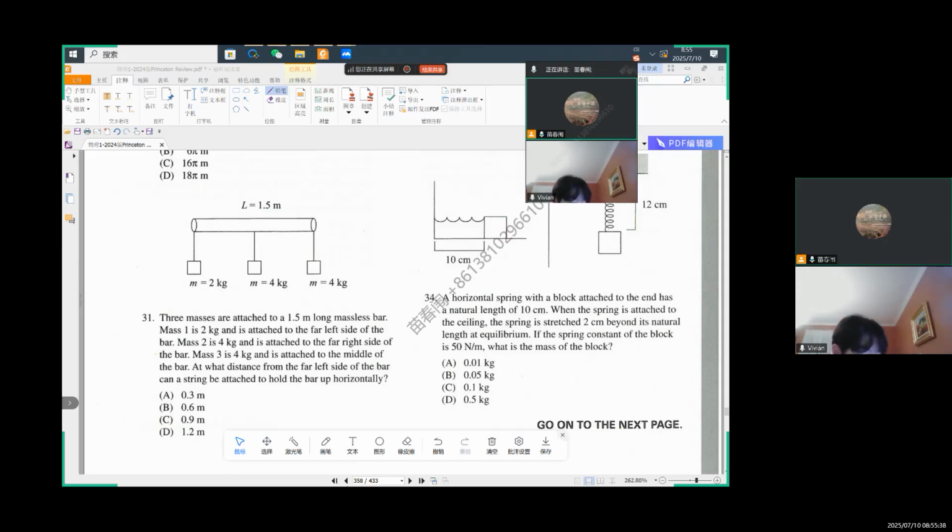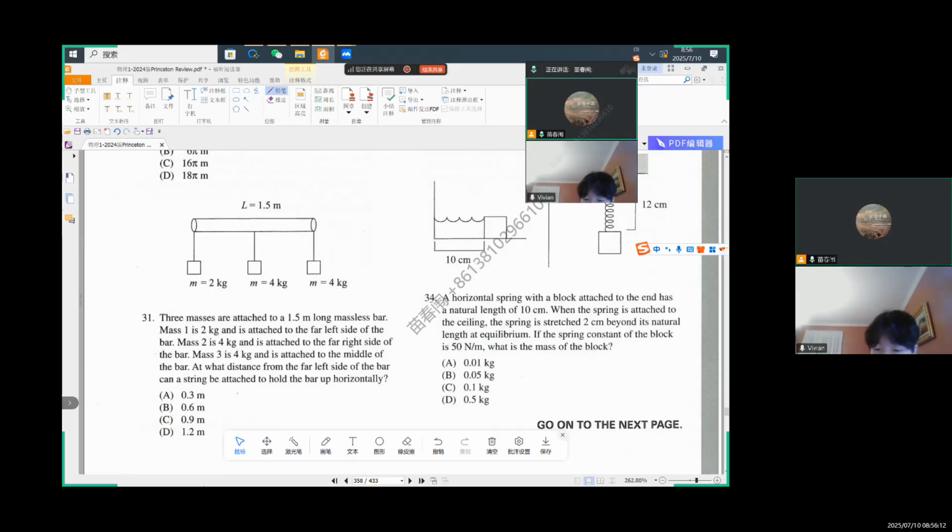Does that make sense? So let's find a pivot. Any pivot is okay. This is the center. We didn't learn center of mass, right? Have you learned center of mass before? No. But we don't have to use it.